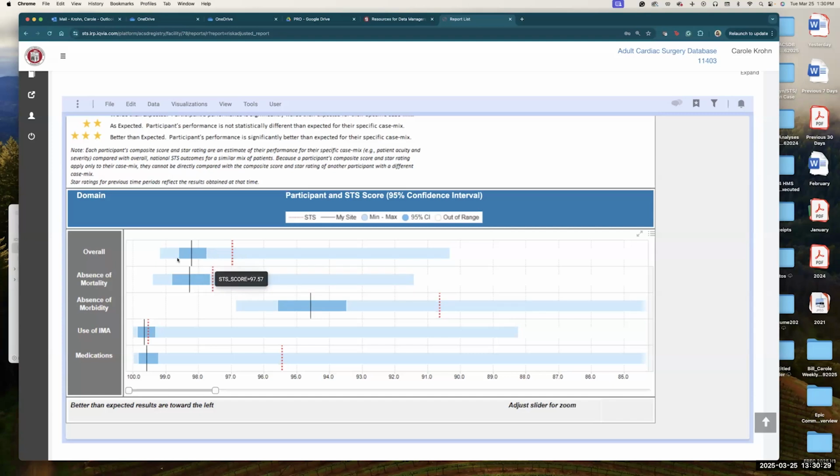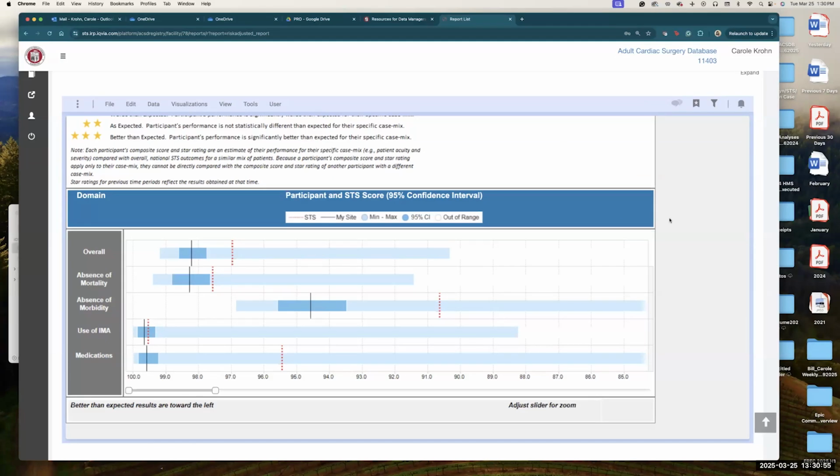Now, if this red line was on the other side of the site's confidence interval, you could read it the opposite way: even at the highest possible that the site could perform, it's still not as good as STS, and that would make them performing worse than expected. Okay. That's all I got.